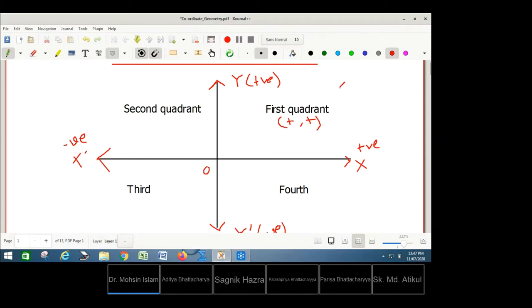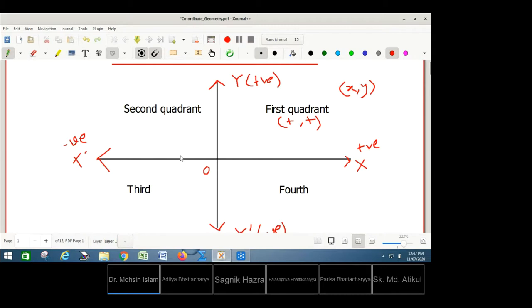Suppose you have a point x comma y. So how will you write it? You will write x comma y. Both are positive, because in this quadrant you are dealing with positive numbers only: x is positive this side, and you go up, y is positive, starting from 0.